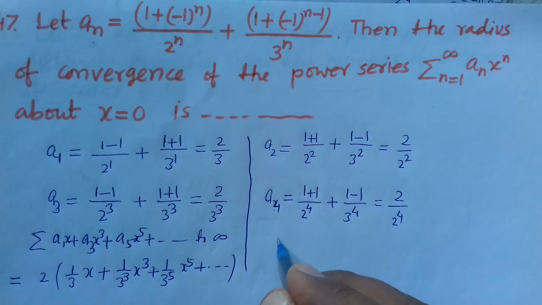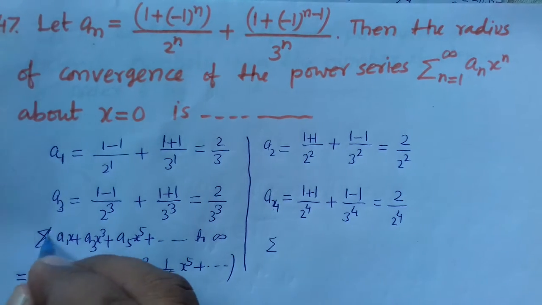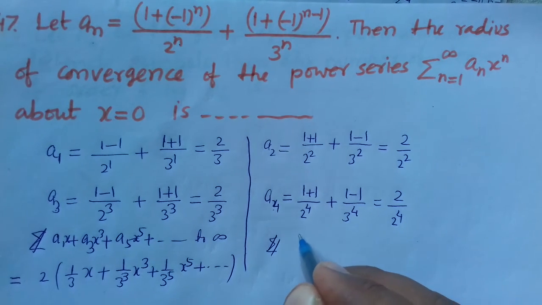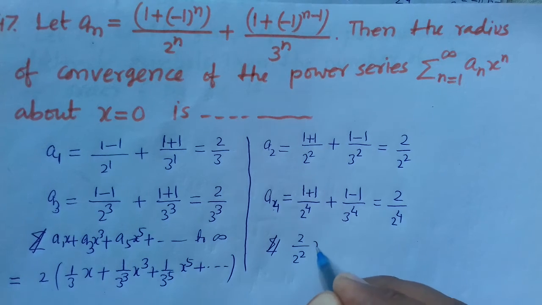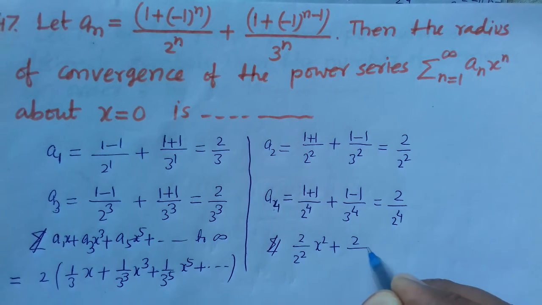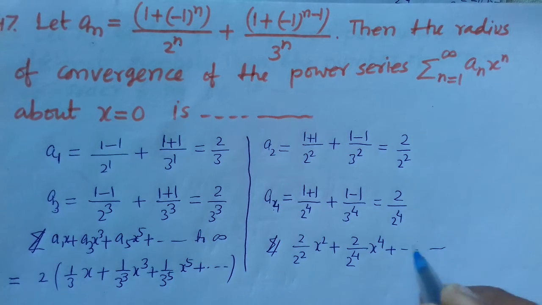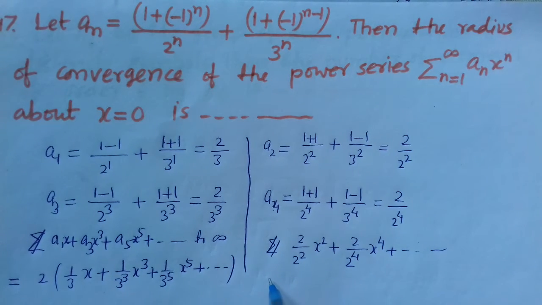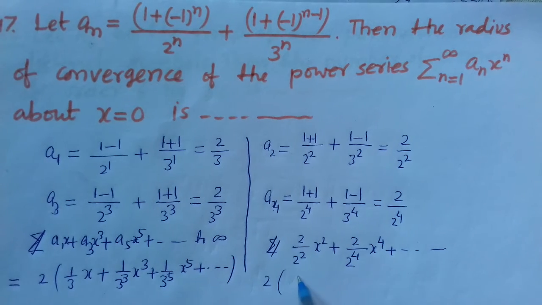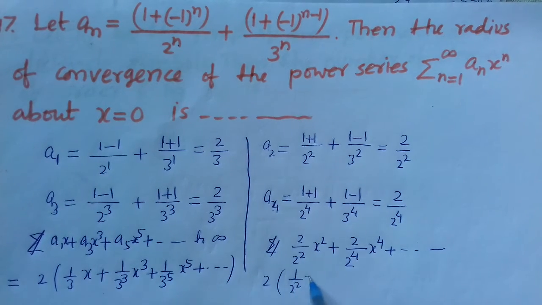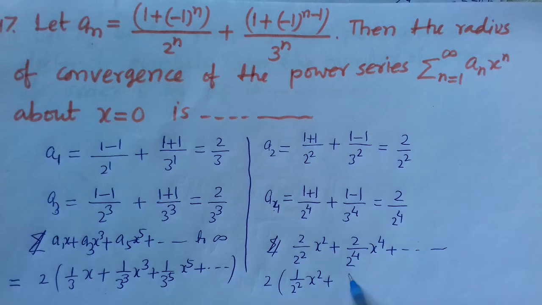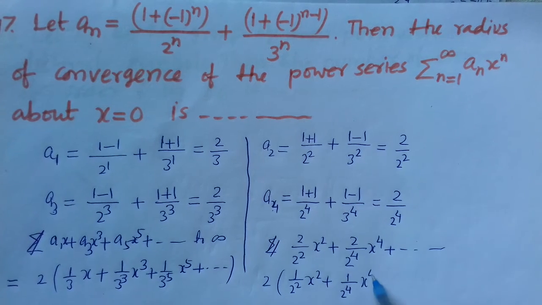So the summation here will be 2 over 2 squared x squared plus 2 over 2 to the power 4 x to the power 4 plus to infinity. Here we can take 2 out, so inside will be 1 by 2 squared x squared plus 1 by 2 to the power 4 x to the power 4, and so on.